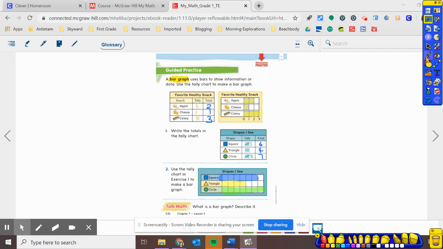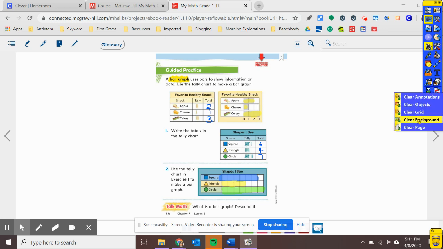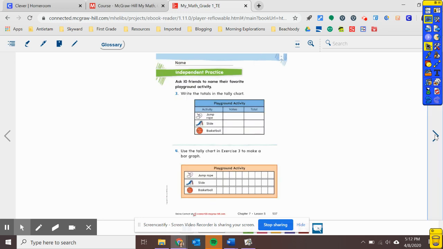There we go. All right. So your paper should look like mine when you're all finished. I'm going to clear my page, and we're going to turn to the problem-solving page together.